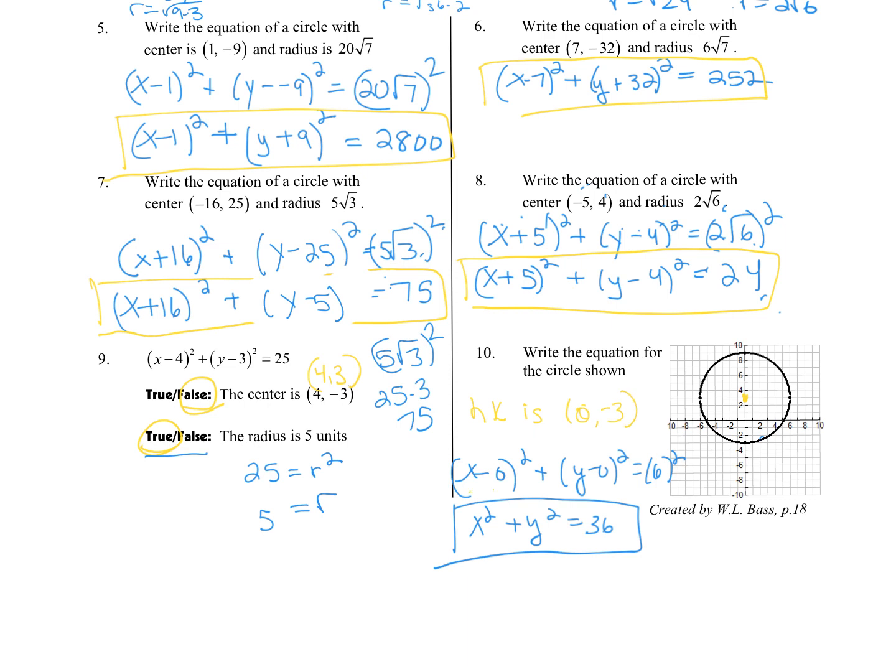And so we have x minus 0, which is going to simplify to just x squared. Y minus a negative 3.